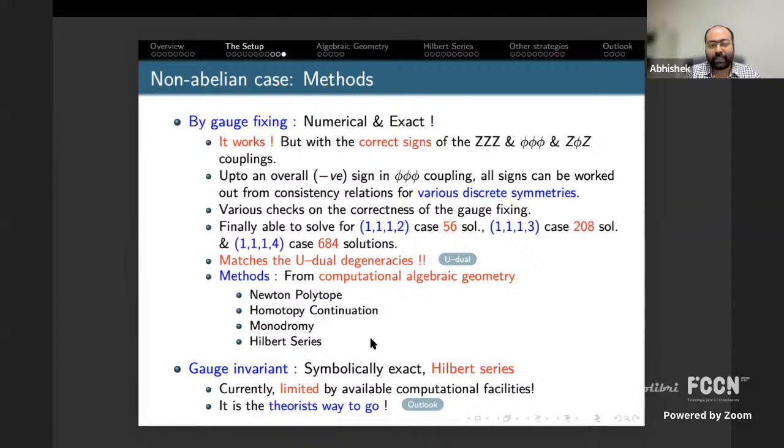That can be done in this method of Hilbert series, which I will come to in a while. But this Hilbert series method is computationally very hungry, so we are only able to do it for the abelian 1111 and the 1112 cases. But in principle, this can be done.